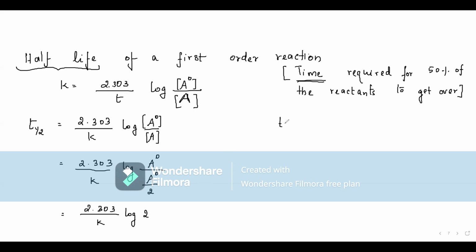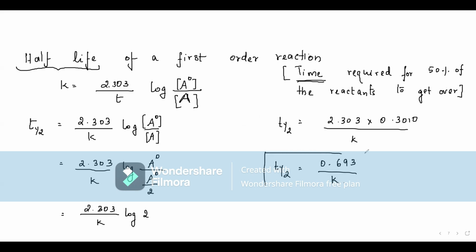Now, T half is therefore 2.303 log 2, which is 0.3010, by K. So on multiplying this, we will get T half is 0.693 by K. Half-life of a reaction is 0.693 by K only for a first order reaction. So learn the derivation, learn the final formula also.